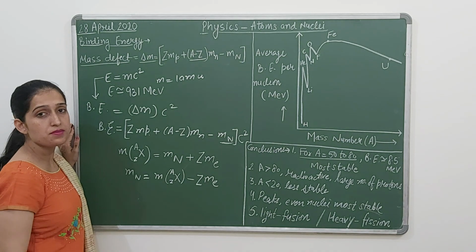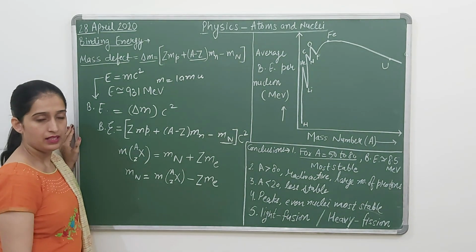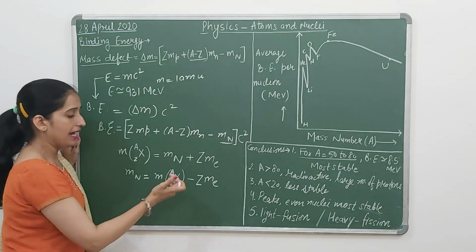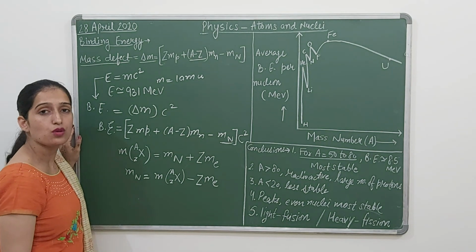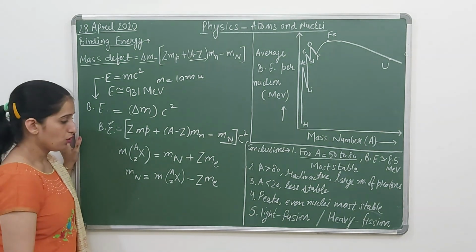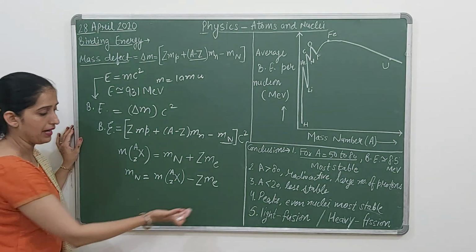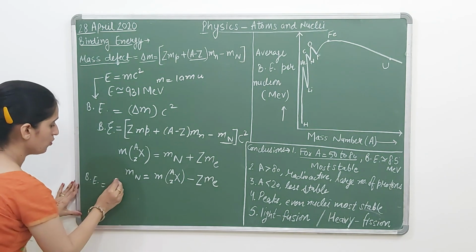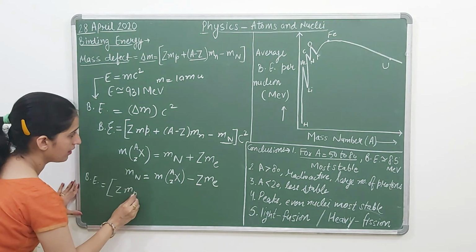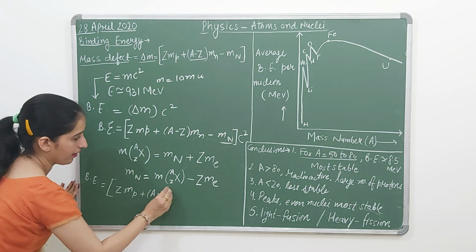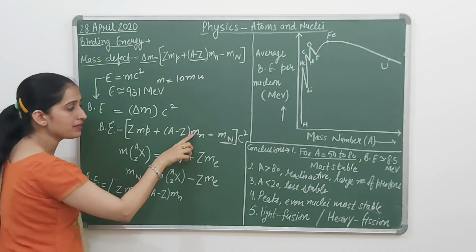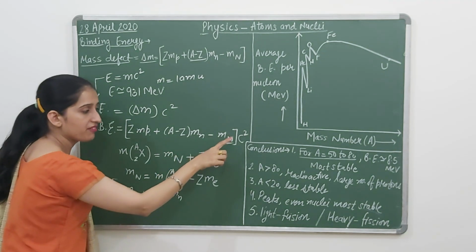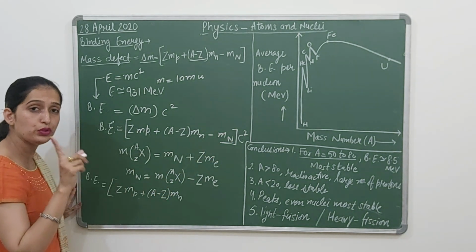So mass of nucleus I can calculate using this equation. Directly I cannot measure the mass of nucleus. So I will measure the mass of atom, I will calculate the mass of all electrons, and their subtraction will give us the mass of nucleus. So we are going to replace this term by this expression. I get binding energy equals Z Mp plus A minus Z Mn. Students, in the suffix of m, if small n is there, it is mass of neutron, but if capital N is there, this is mass of nucleus.